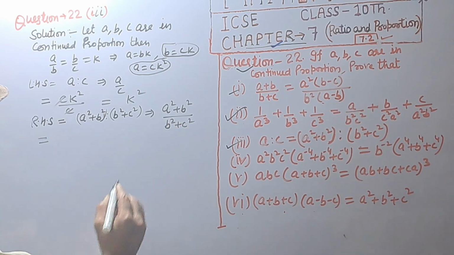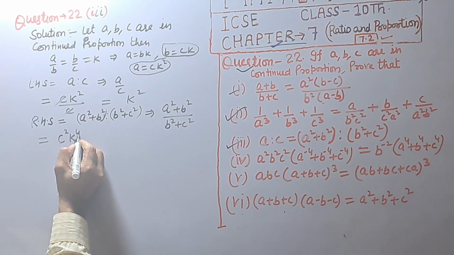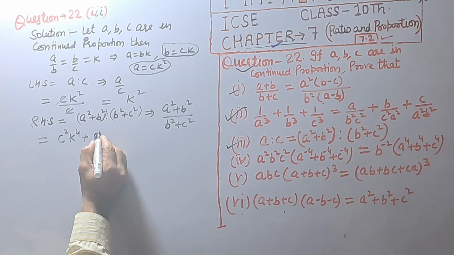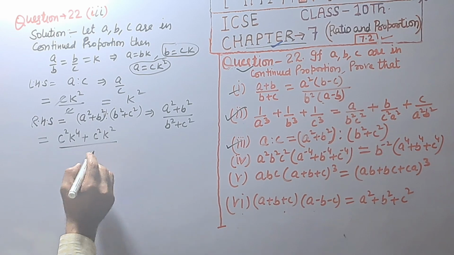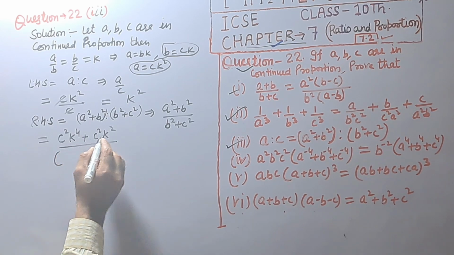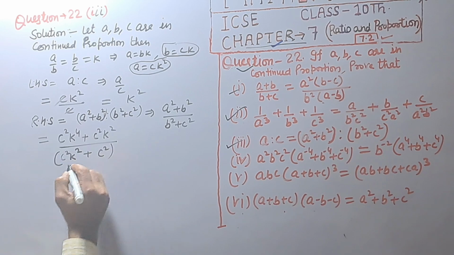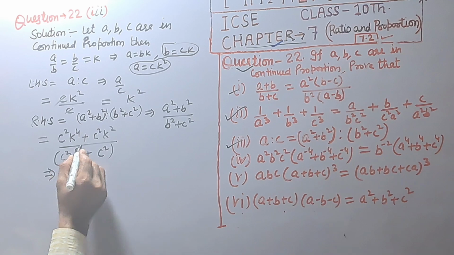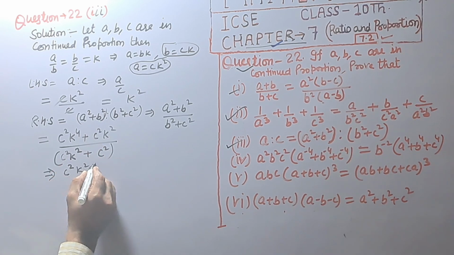that is equal to a square is c square k raised to power 4 plus b square is c square k raised to power 2, divided by b square equal to c square k raised to power 2 plus c square as it is, which implies c square k square is common.